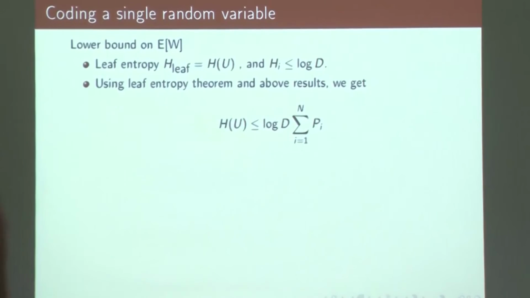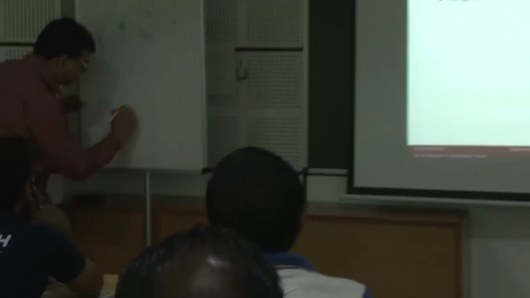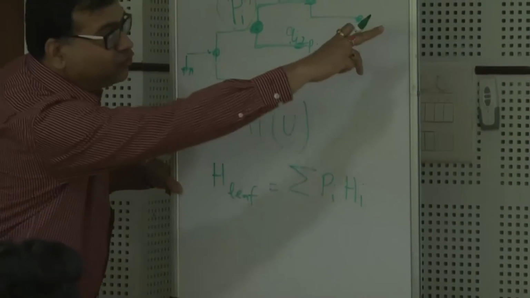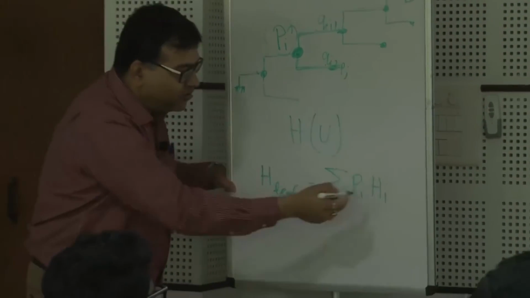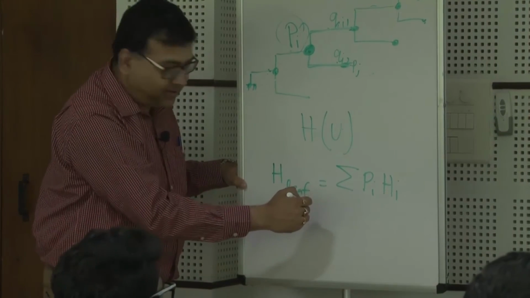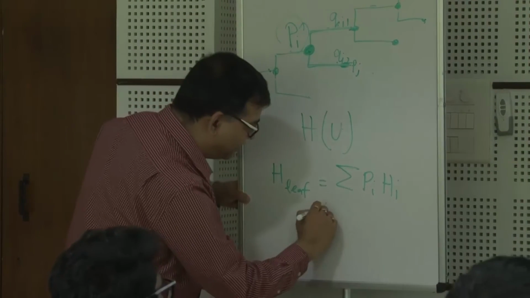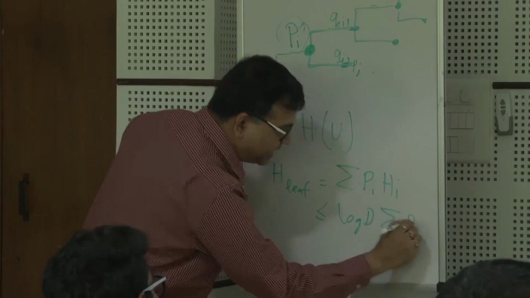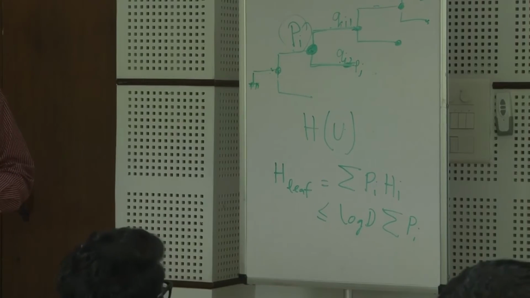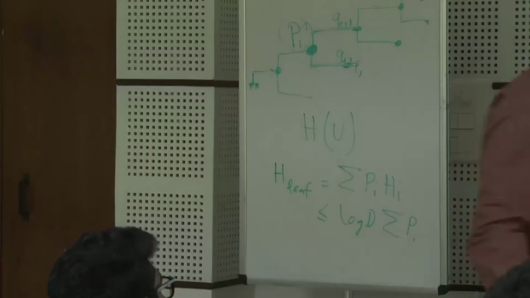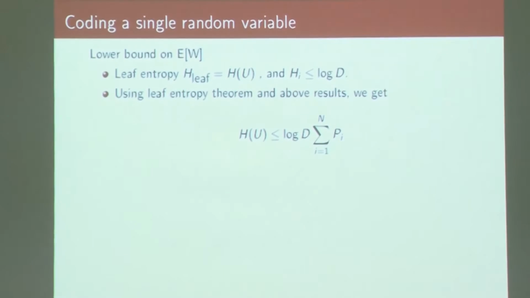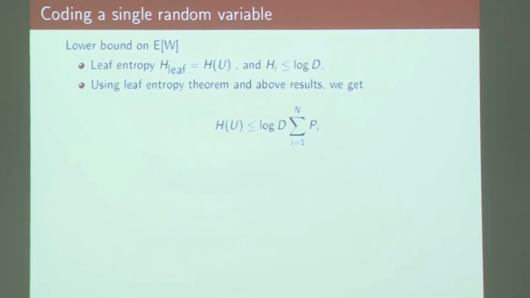So, I am essentially using this result that H leaf is summation pi hi, and I use the result that hi is upper bounded by log D. So, that does not depend on i. Okay. So, this H leaf can be written as log D summation pi. This is what I am doing. Now, tell me what is this? I am summing over all nodes including the root node.